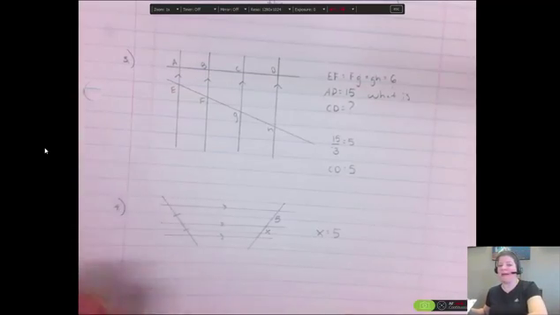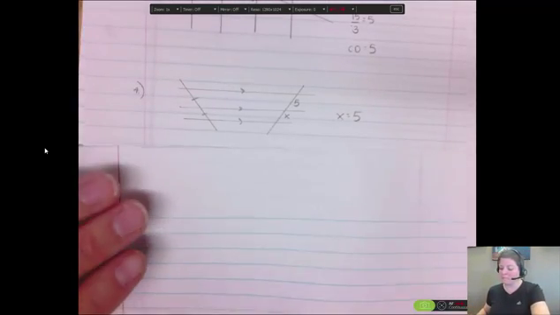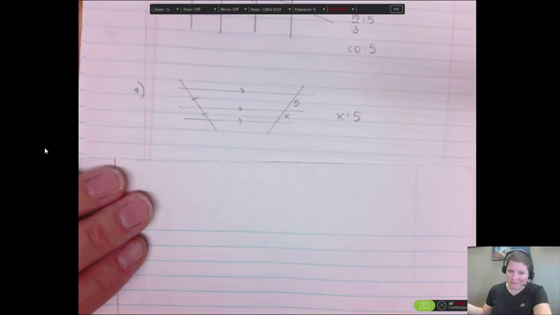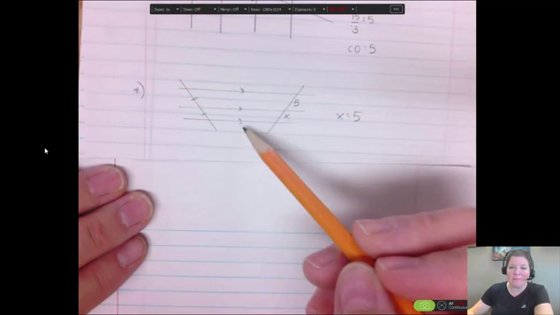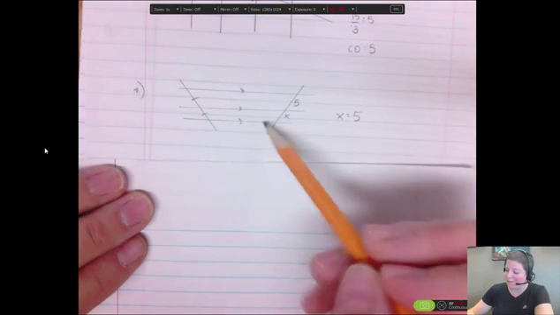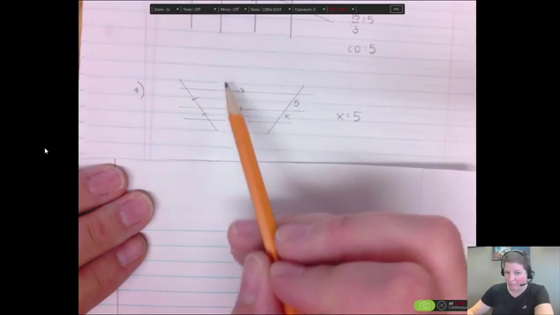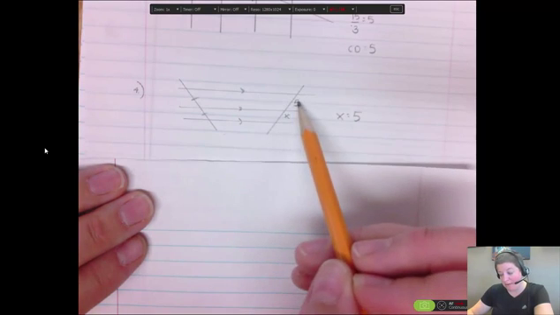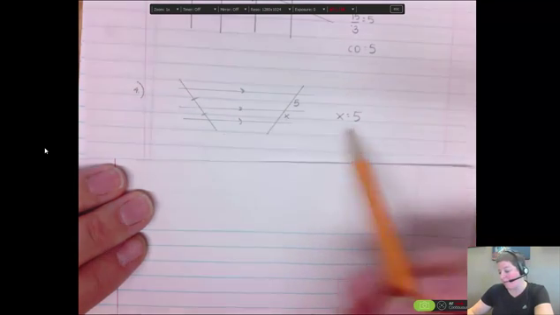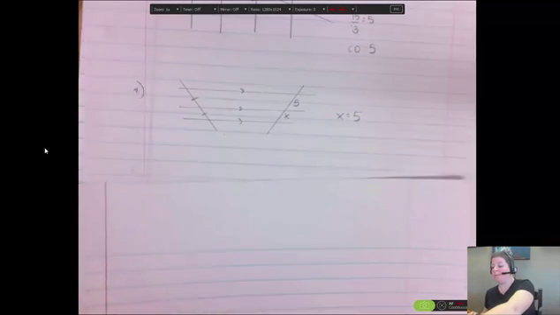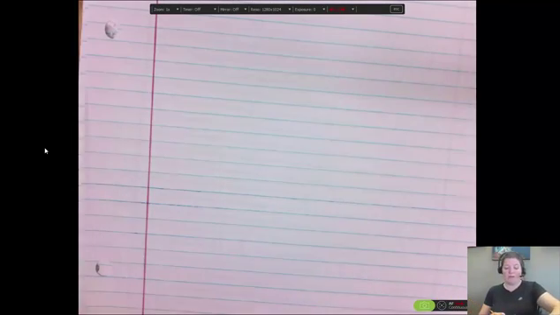This one I thought was a little confusing because the drawing was a little different, but you might see something like this too. Well, my drawing doesn't look very congruent. This one looks way smaller than this one, but if you know these are congruent and you have 3 parallels, then we also know these are congruent, and if one's 5, what's the other one? 5 also. So those are the types of problems you're going to see in this section.